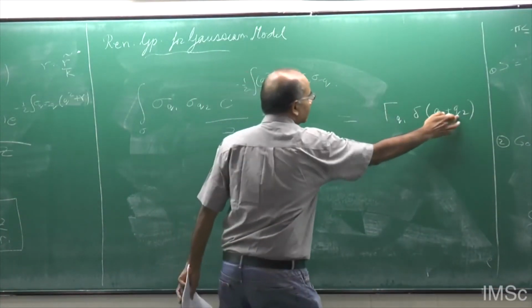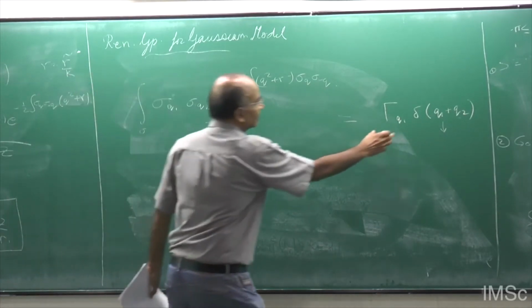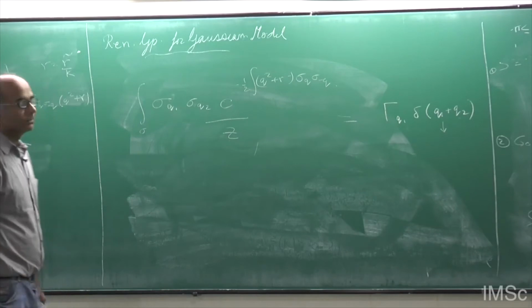Why is there a delta function? That comes from translational invariance. So this is what we define as gamma of q.